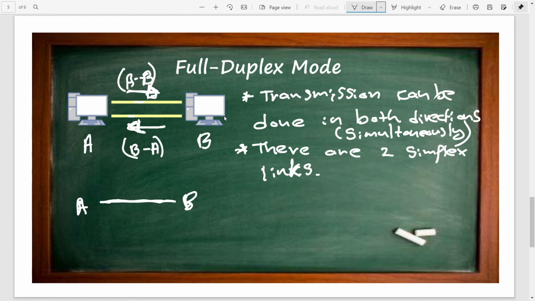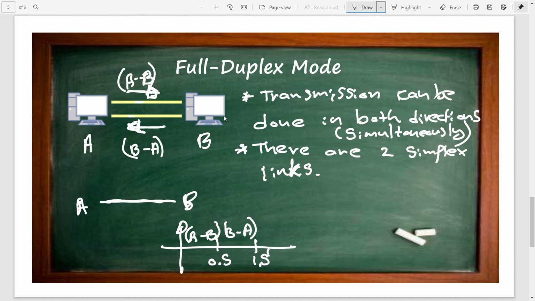Simply, if we consider a 1 second time interval, the first 0.5 second we allocate for A to B communication, and the next half of the 1 second we allocate for B to A communication. So this is simply how we can introduce the time division multiplexing method.